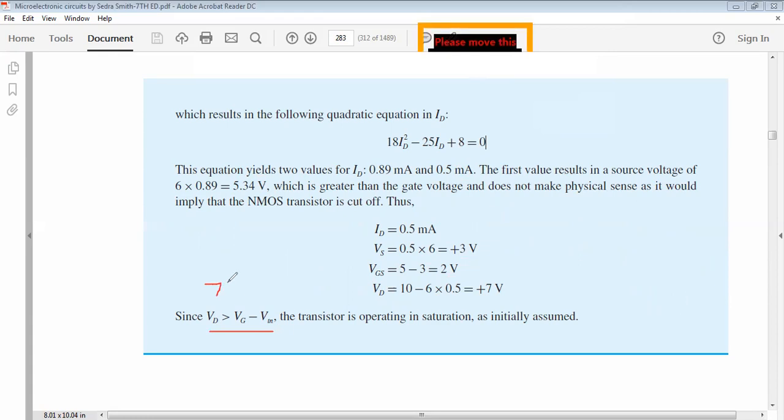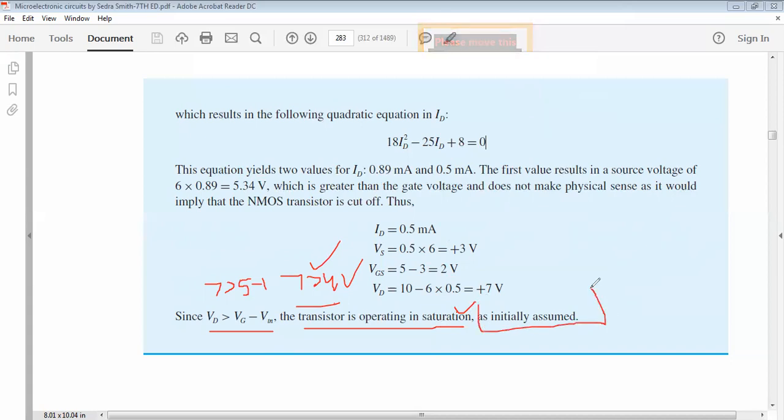VD is equal to 7 greater than VG is equal to 5 minus 1. So 7 greater than 4 volts. Yes. That means the transistor is operating in saturation region, and our assumption is correct, as we assumed initially.